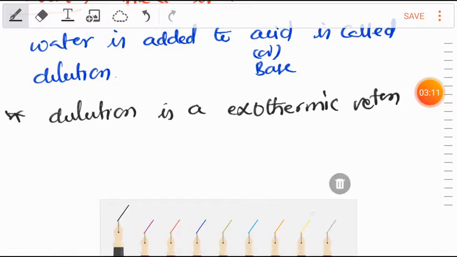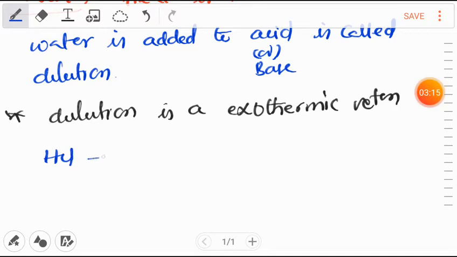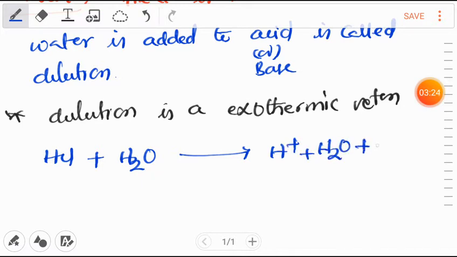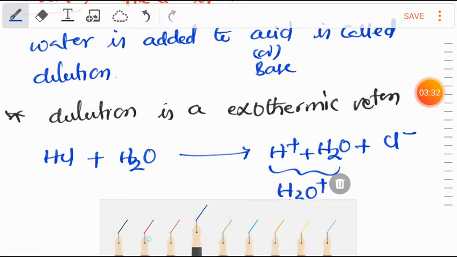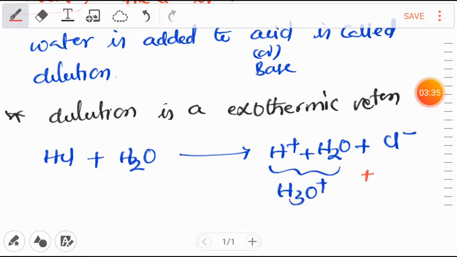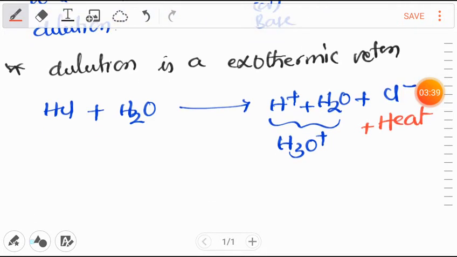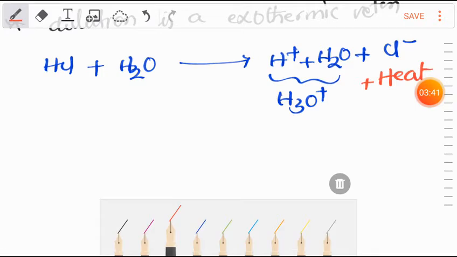So the reaction we will write here: HCl and you add water, so H plus, H2O plus Cl minus, these two combine to form hydronium ion plus heat, so exothermic reaction.